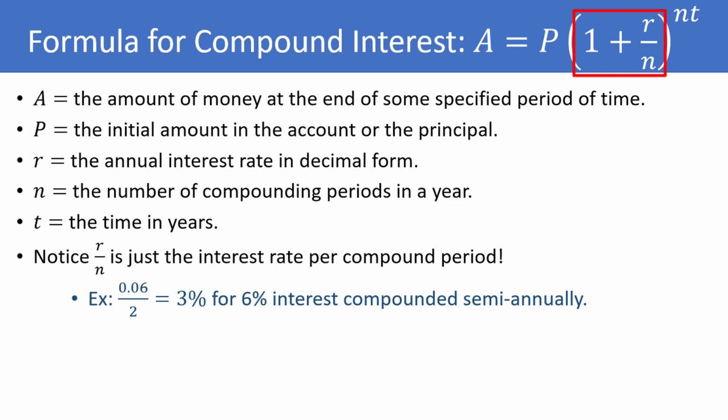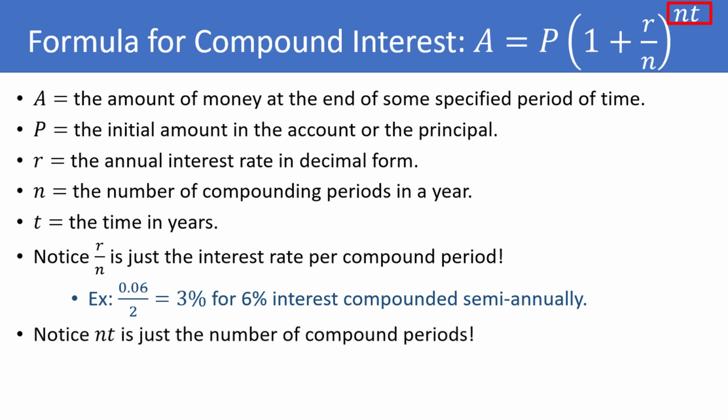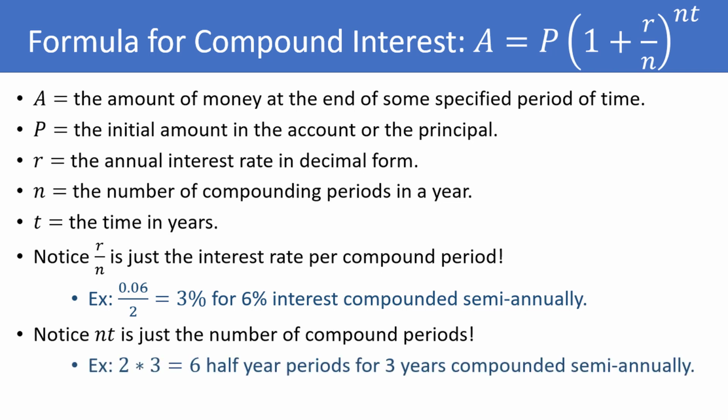Then we raise that to the n times t power, which is just calculating the number of compound periods there are in your entire length of time, how many times interest is being calculated. For example, if we had 3 years, that would be 2 times 3 equals 6 half-year periods if you were compounding semi-annually, which is what the n times t calculates.